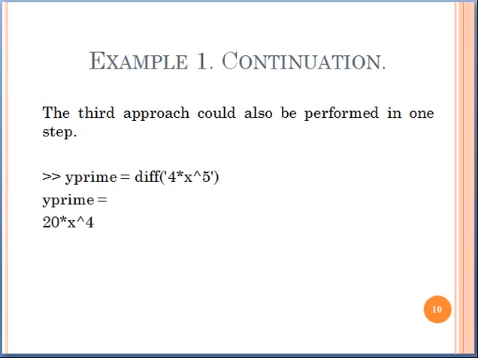Now the conclusion from the second and third approaches is that we can get the third approach directly in one step, that is, in one command. See, directly define y prime equal to diff. Here, instead of defining x independently, you can write diff in brackets with the apostrophes and the y function. Then also you can get the answer.